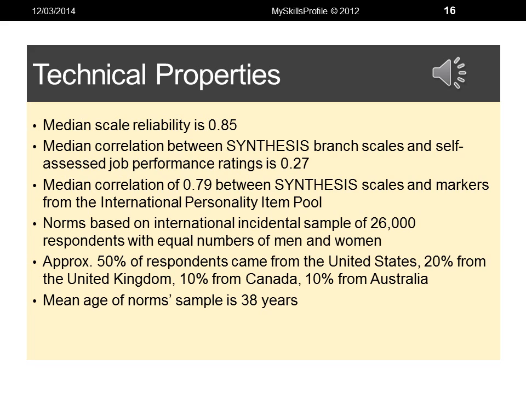The instrument is supplied with 1 set of international norms, based on a very large sample of 26,000 respondents. A sample of this size gets a 5-star rating in the EFPA review model. The majority of respondents came from the USA, Canada, the UK, and Australia.